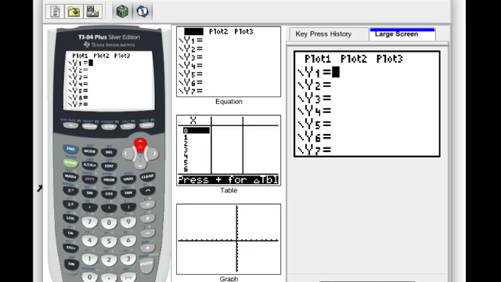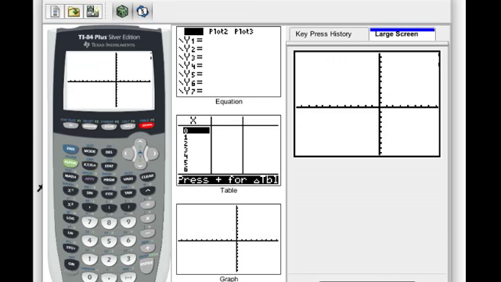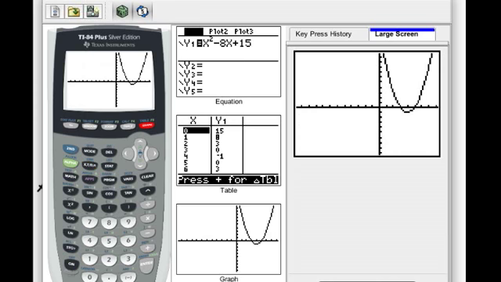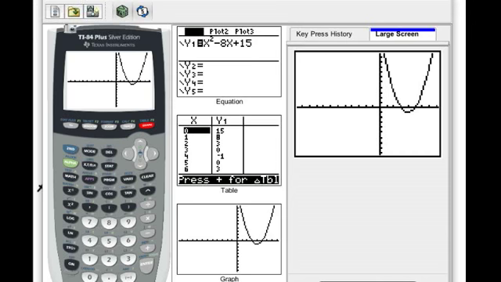And let's go ahead and put in x squared minus 8x plus 15 and hit graph. And there it is. There's our graph. It's looking good. I'll copy that onto our program.